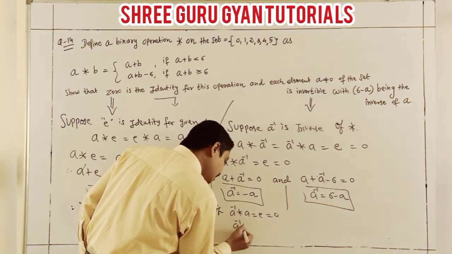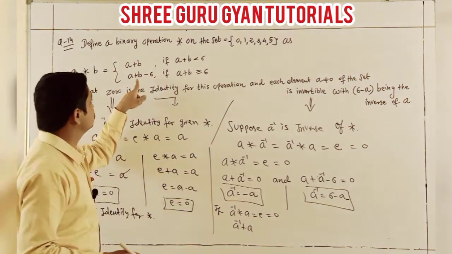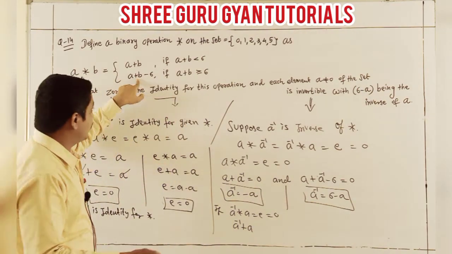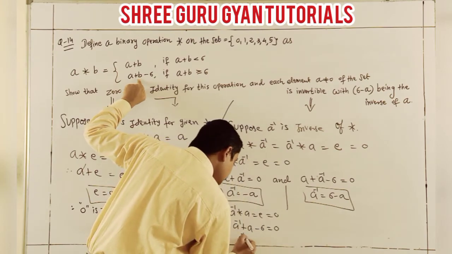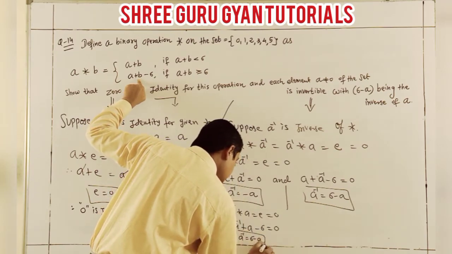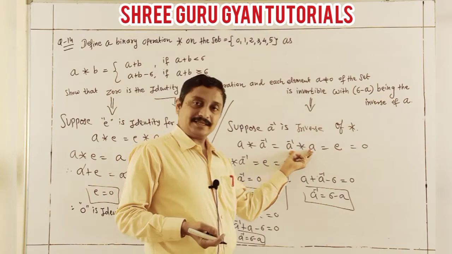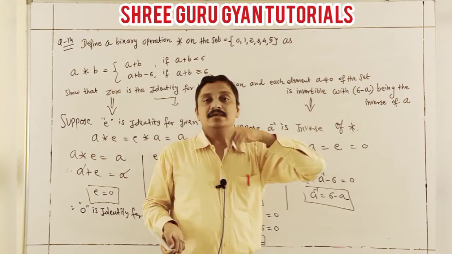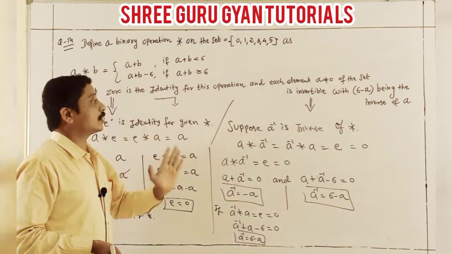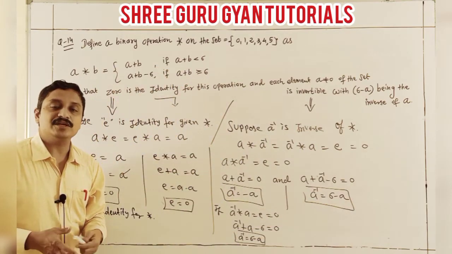Here apply A plus A inverse minus 6. So what is your A inverse? 6 minus A. Means either you utilize this case or that case, your answer must be 6 minus A, which is the inverse of the given binary operation.